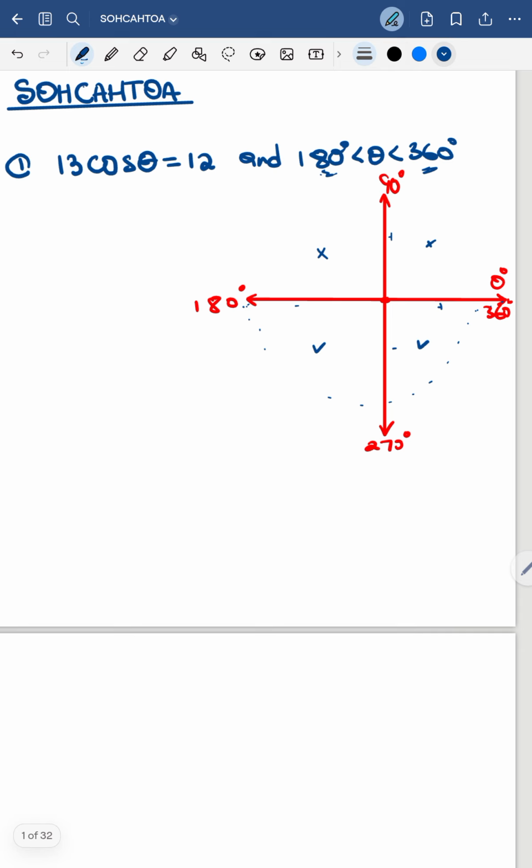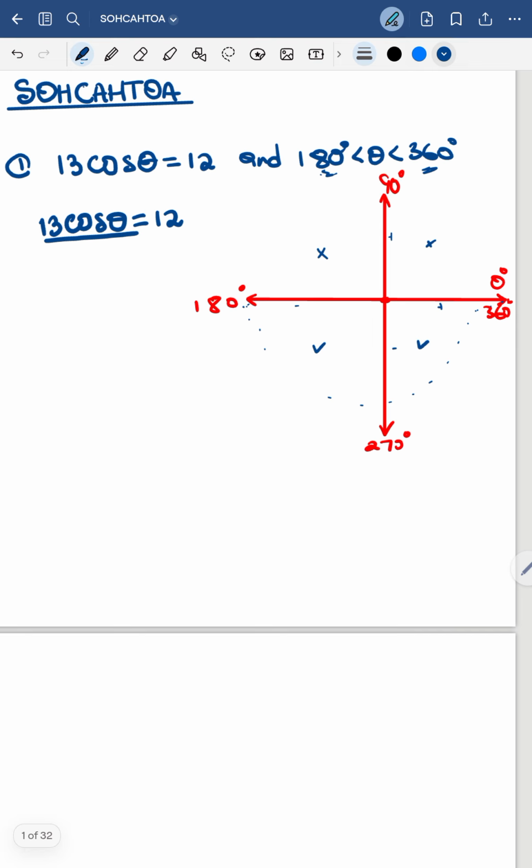To find all the sides of this right angled triangle, we're going to divide by 13 here. You always make the function the subject of the formula.